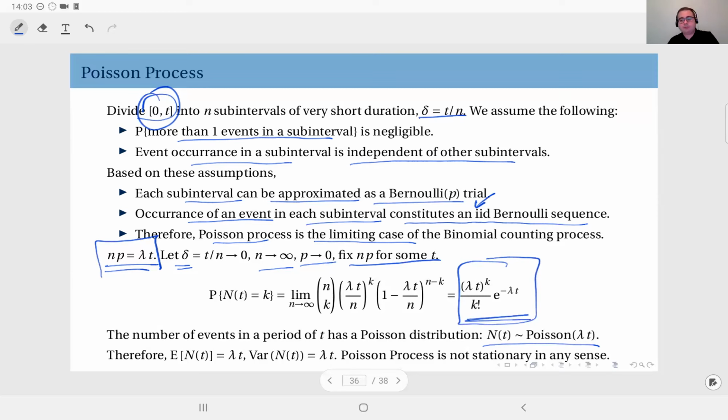And therefore, since we have the distribution, we can now write the expectation and the variance quite easily. The expected value is lambda times t, because if you remember, the expected value and also the variance is equal to the parameter for a Poisson distribution. So the expectation is equal to lambda t, and the variance is also equal to lambda t.